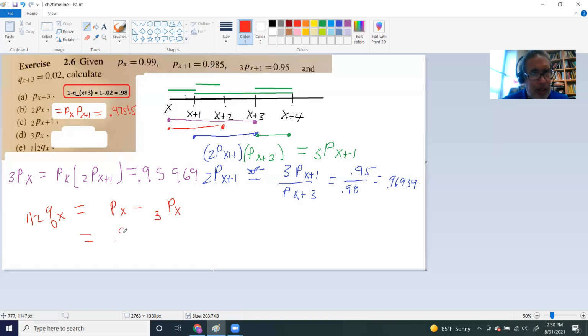And of course, this is 0.99 minus 0.95969. And that gives us 0.030, 0.06, or however many decimal points.